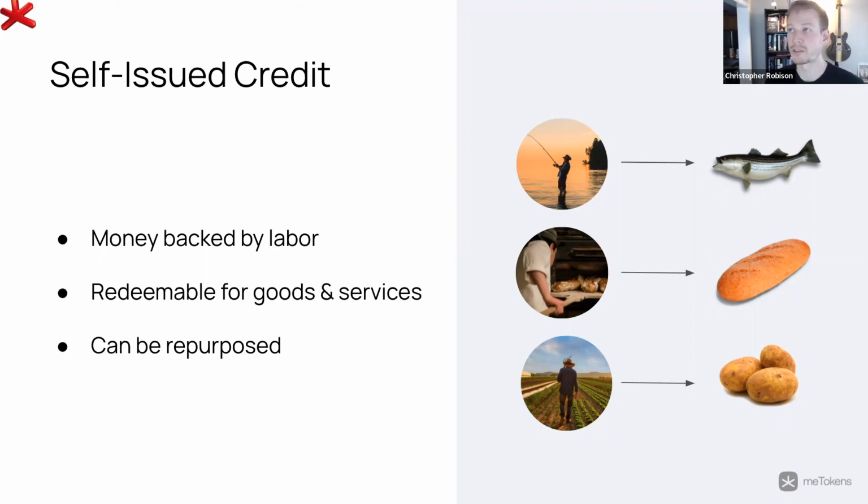They aren't often repurposed for something different, whereas people are very flexible. If a factory shuts down, that factory worker can go take up another vocation. And so a self-issued credit should be able to follow that person through whatever career path they end up taking in their life.